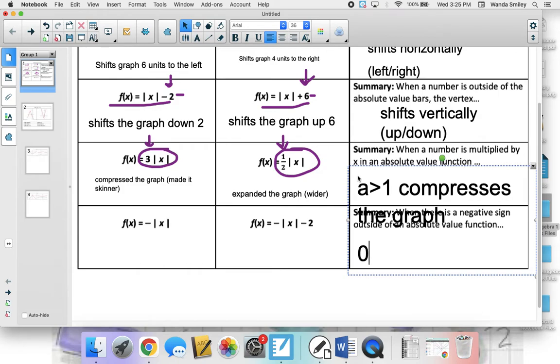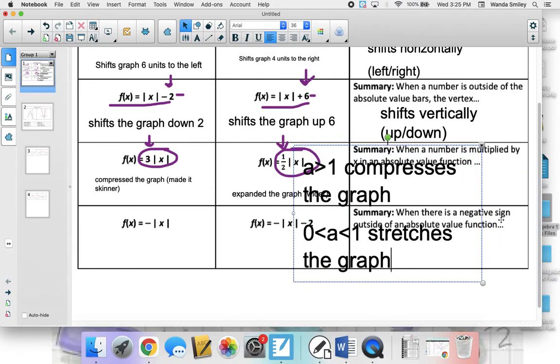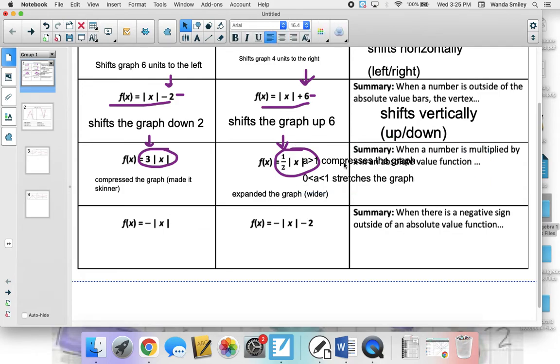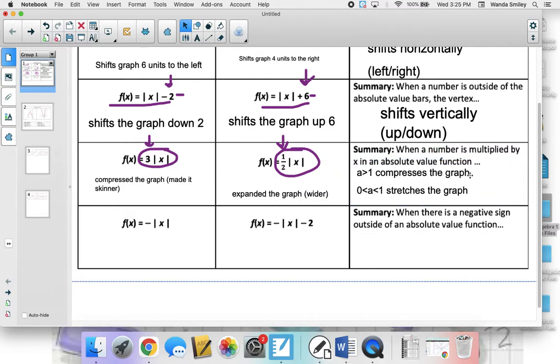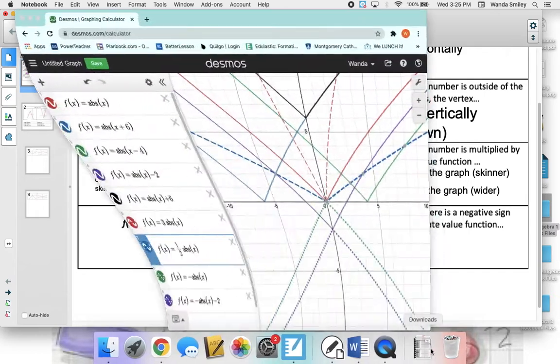If A is between 0 and 1, then it stretches the graph, making it wider, okay? So this makes it skinnier and wider, okay?